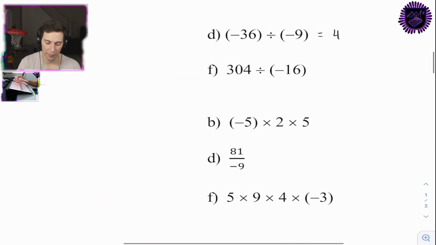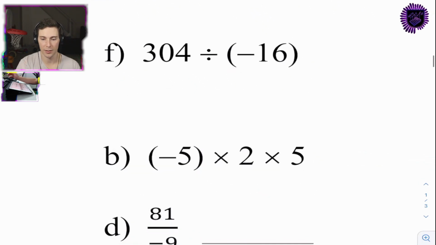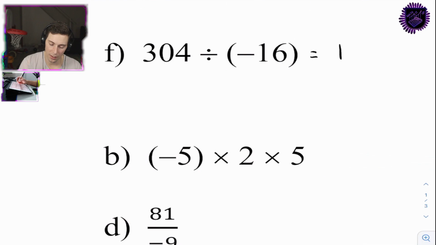Let's look at F. 304 divided by 16. 16 goes into 160 10 times, then 19 times, and it's a positive divided by negative. No, not 19 times. 17 times. 60.